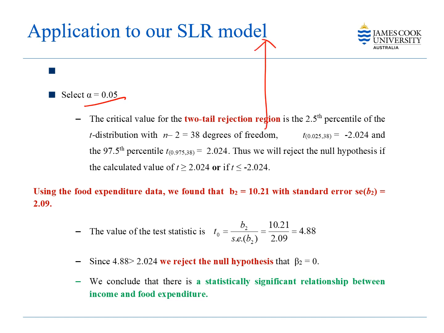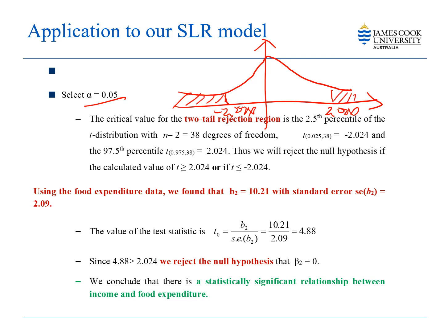Now, because our alternative hypothesis has two tails, the critical values are minus 2.024 and positive 2.024. This area is 2.5%, and this area is 2.5%, so they sum up to our alpha level of significance.